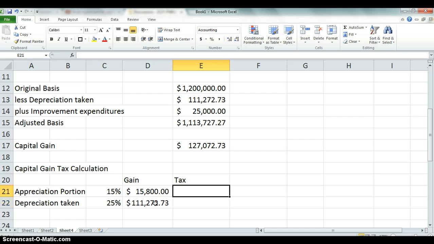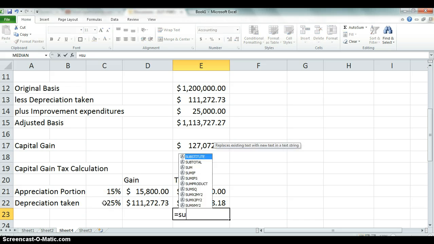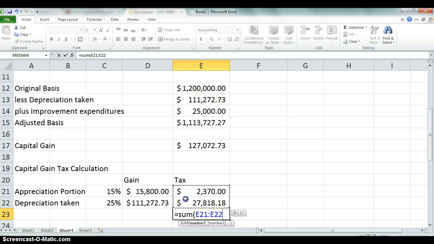For our tax calculation, we will do our gain times the percentage on tax. We will go ahead and do the summation of all these taxes.